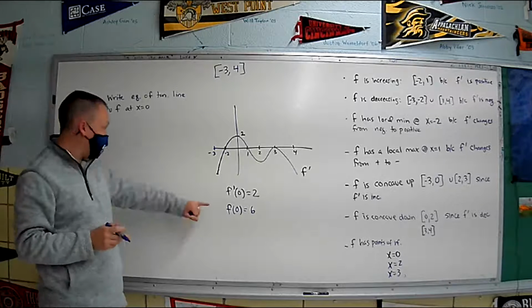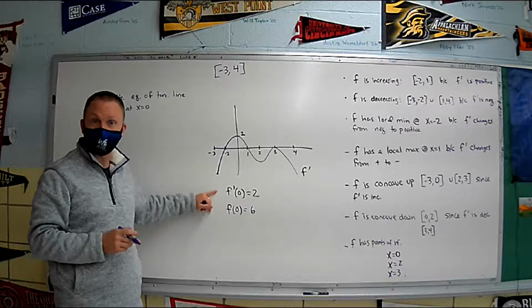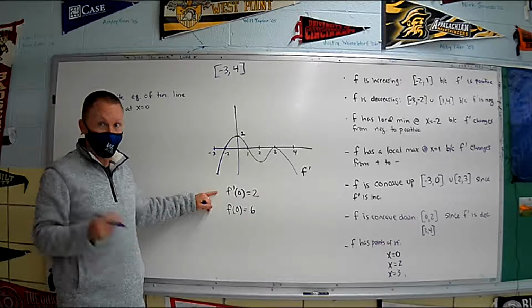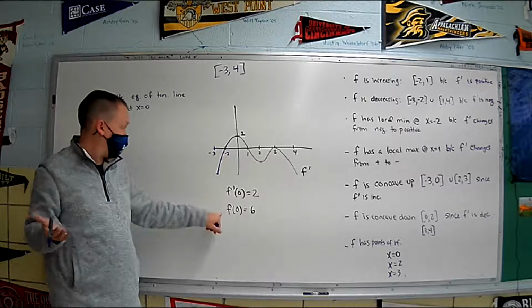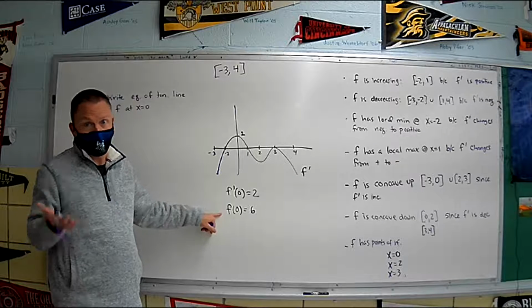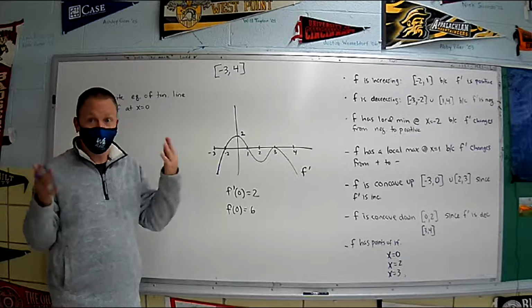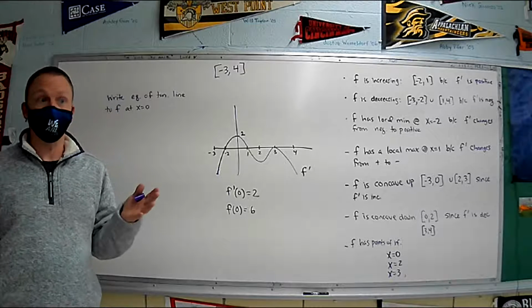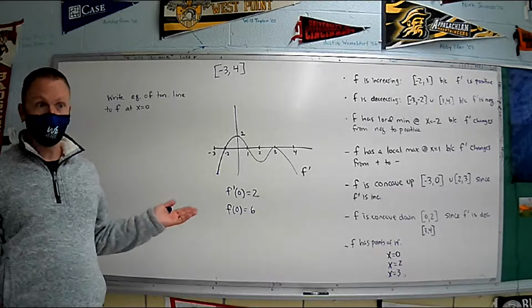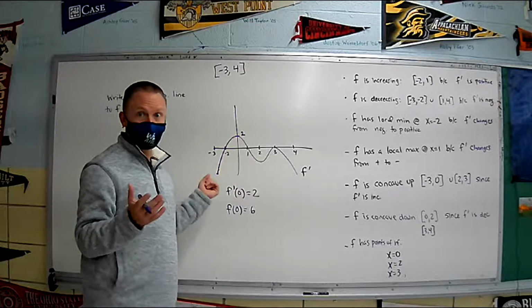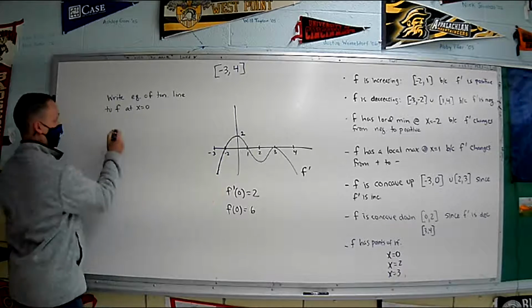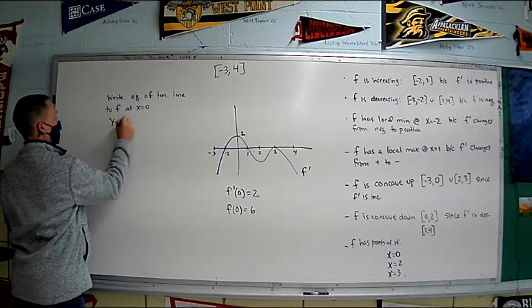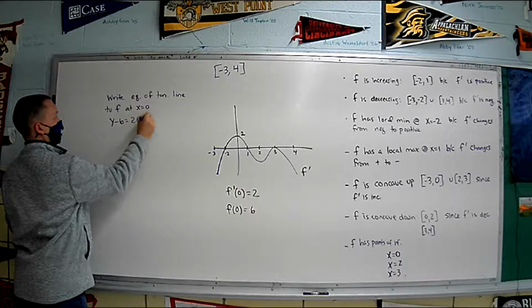I had to give you both of these pieces of information for you to do this. I had to tell you what f was at 0, the y value of f at 0. So I told you it was 6. I made it up. But you also had to know the value of the derivative at 0. And so I put that 2 on there. So you have the point and you have the slope. So the answer would be y minus 6 equals 2 times x minus 0. Right?